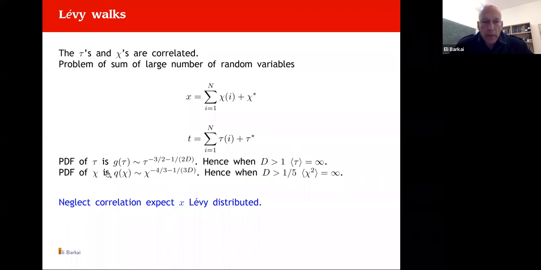And secondly, the PDF of chi is given by this expression. And then chi squared is infinity. And again, Einstein cannot work if chi squared is infinity. This happens when D is greater than 1/5. And this number 1/5 also appeared before.